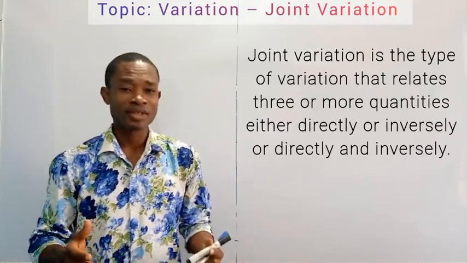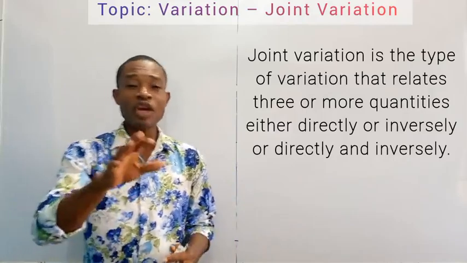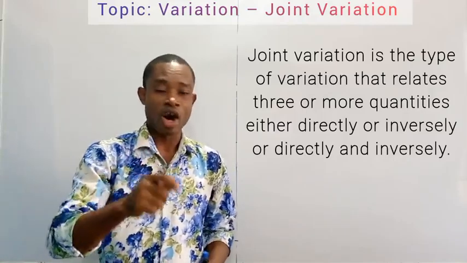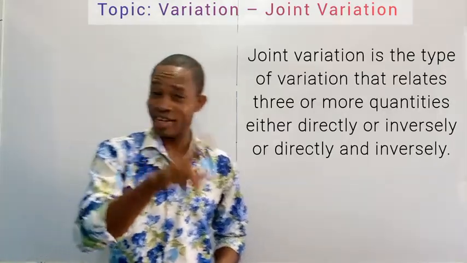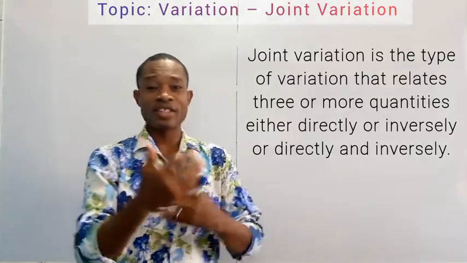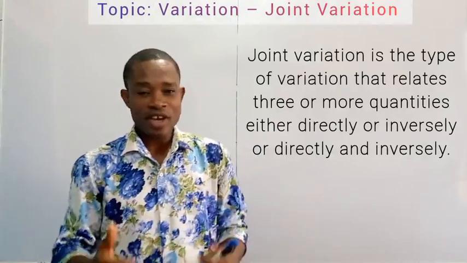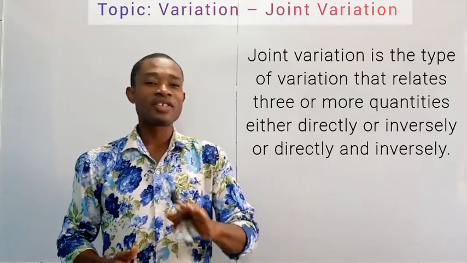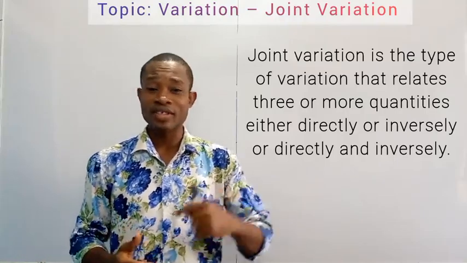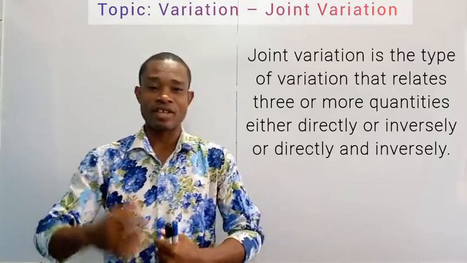From the definition, it relates them either directly, that is to say those quantities are related directly, or inversely, or you can have a situation where the quantities are related directly and inversely.